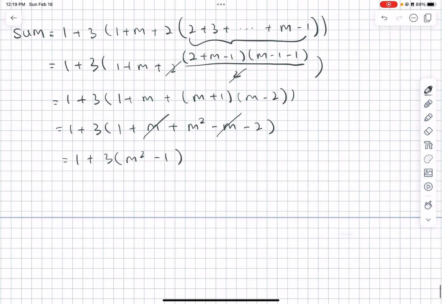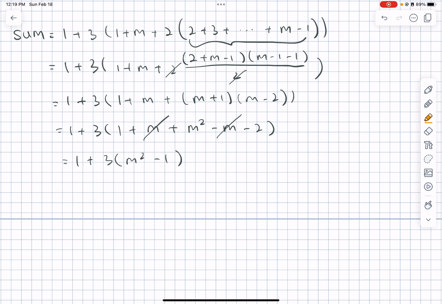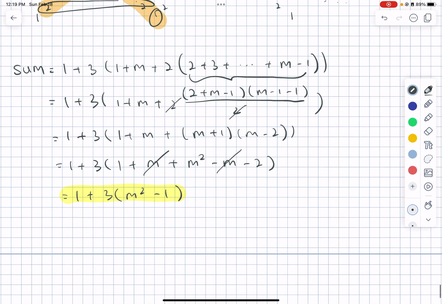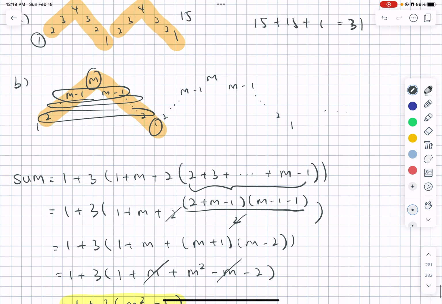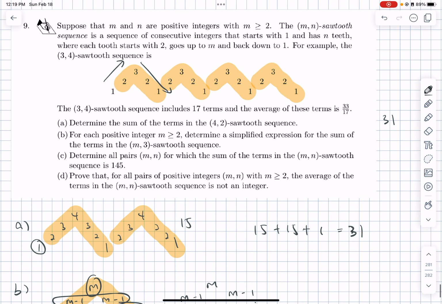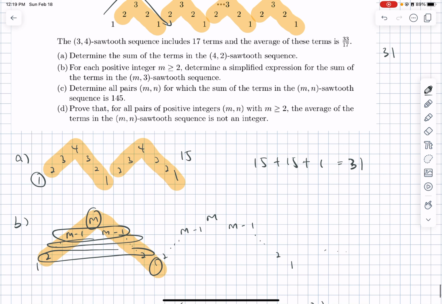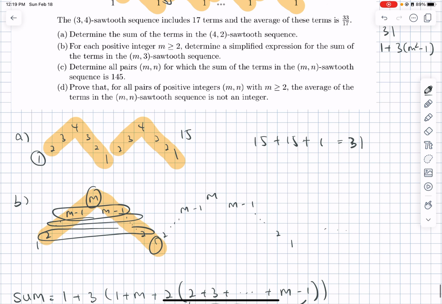So this is the general formula for the sum of the terms, which is highlighted in yellow. And this is our answer for an m-3 subsequence. So this is going to be 1 plus 3 times m squared minus 1. And it's in terms of m.